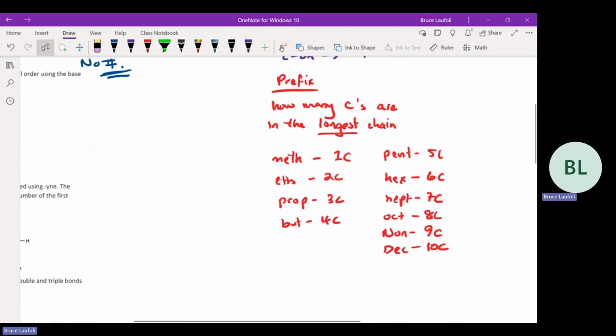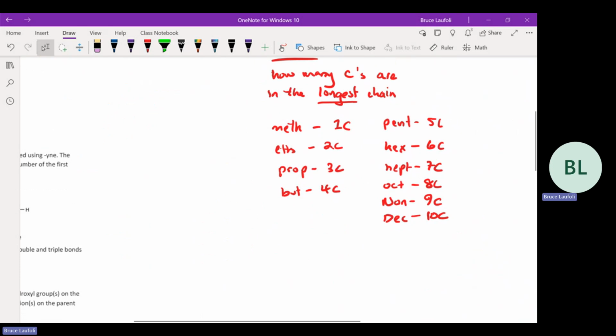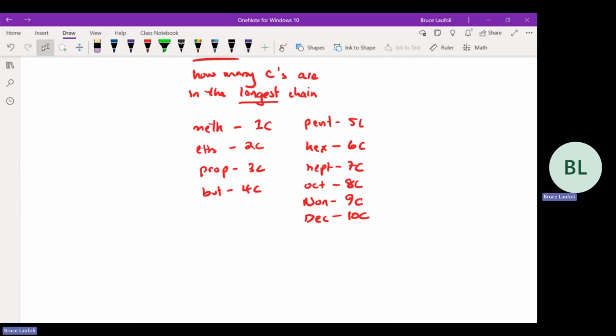Essentially we can go over a few examples. I should also say that if we have numbers in our name, they are related to the location, and usually it's like one, as an example, and then a word.